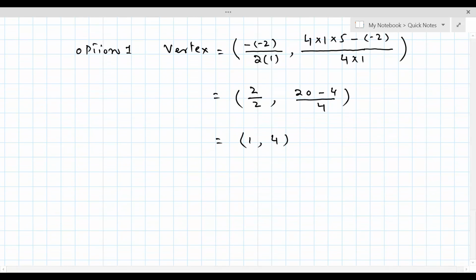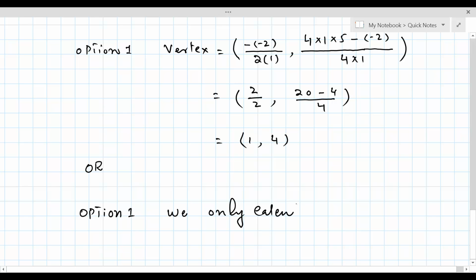Or option 2. Option 2 we can do this way. We don't calculate the second part. We just calculate the x. We only calculate h, which is equal to minus b over 2a.